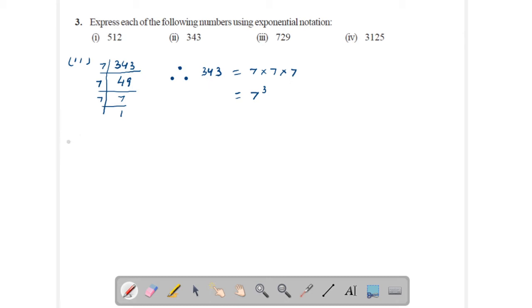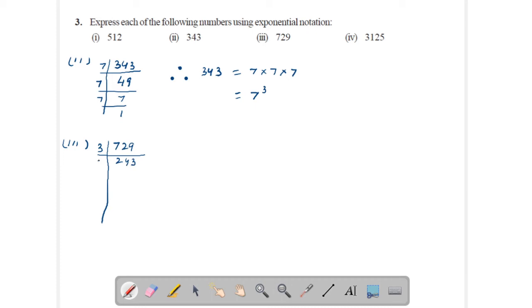Now come to third part. It is 729. Now make prime factors of 729. Here 729 is divisible by 3. Divided by 3, what will you get? 243.